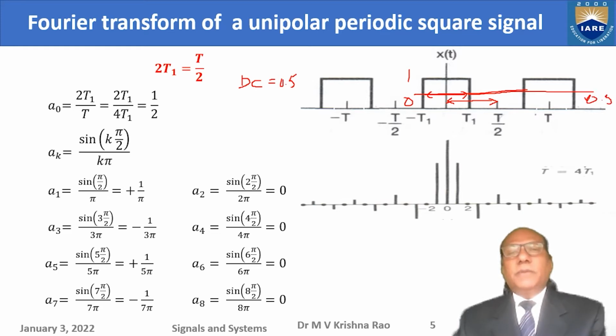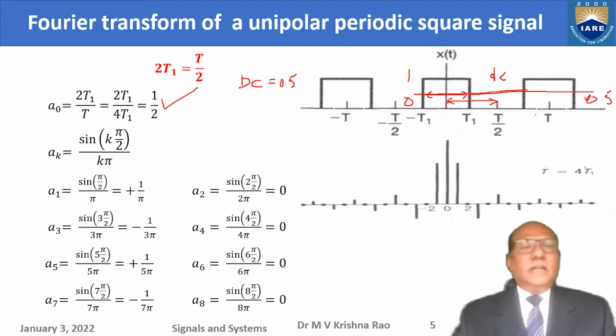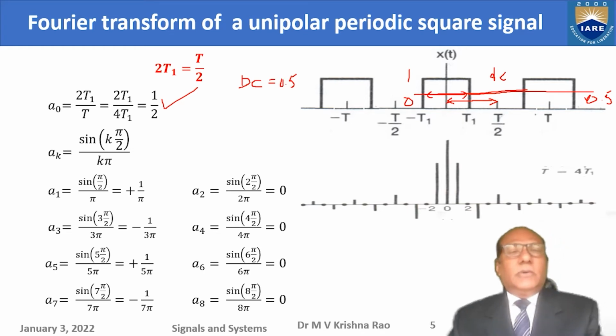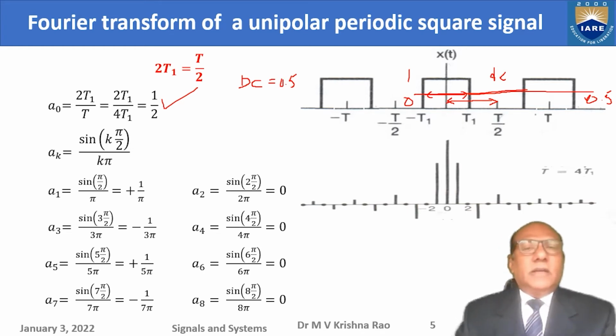So I am representing the DC value by small d, small c. DC value equal to 0.5. So here A0 is nothing but 0.5. But in this case, the duty cycle is 0.5 and DC is also 0.5. Okay. So it is the case of unipolar square wave.